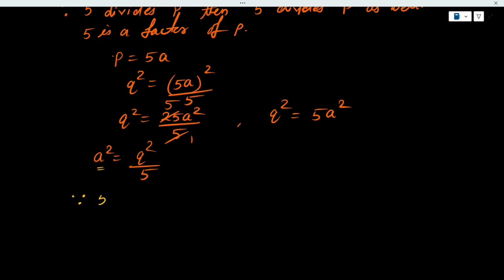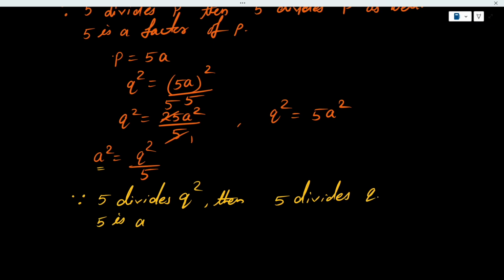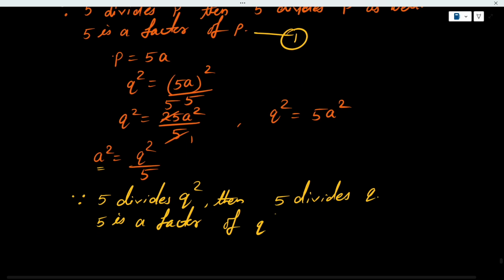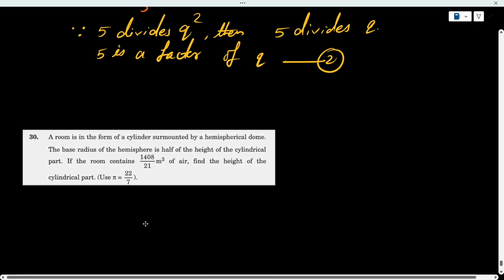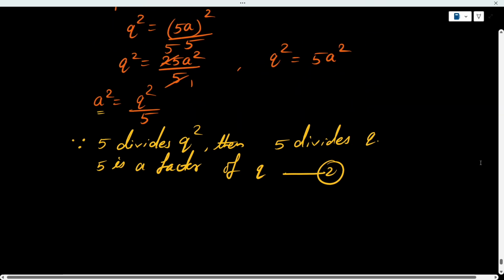So here you will write 5 divides q square, then 5 divides q as well, or you can write 5 is a factor of q. This is your first one where you have shown 5 is a factor of p, and here you got 5 divides q as well. So from 1 and 2 you can write 5 is a common factor.